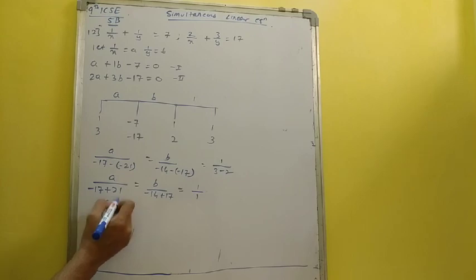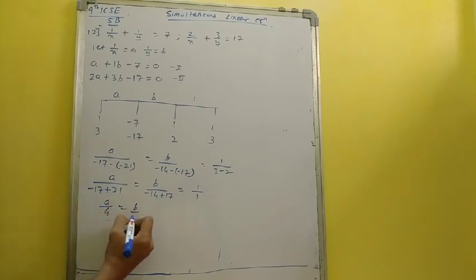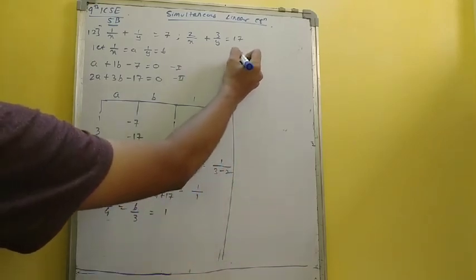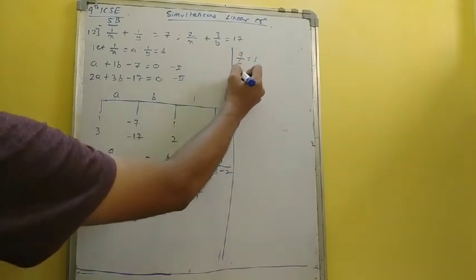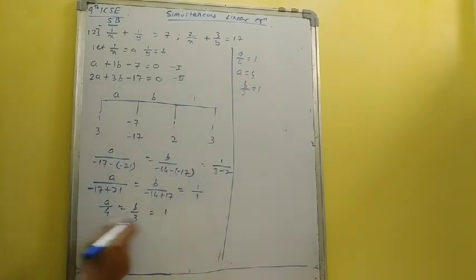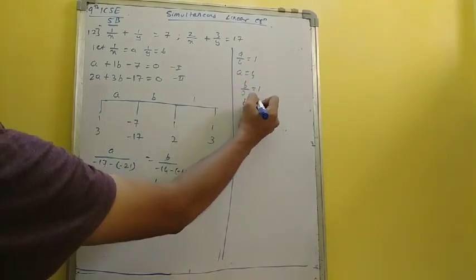So the a upon 17, 21 minus 17 it is 4, b upon 17 minus 14 it is 3 and 1. Okay, so a upon 4 is equal to 1, so a is equal to 4. B upon 3 is equal to 1, so b is equal to 3.